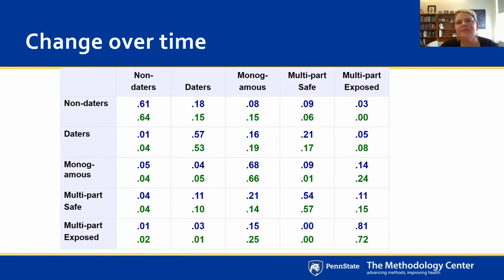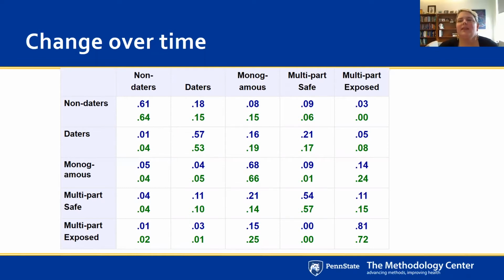Again, down the rows on the left-hand side, that is the time 1 latent classes, and the columns across the top, those are the time 2 latent classes. The blue entries are the transitions from time 1 to time 2, and the green entries are the transitions from time 2 to time 3. So this is a lot of numbers. How would you go about unpacking this for a paper that you're writing?